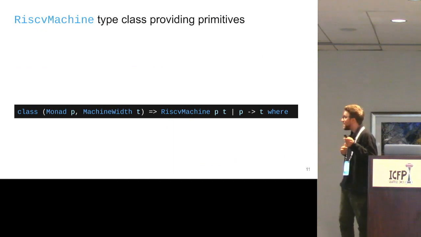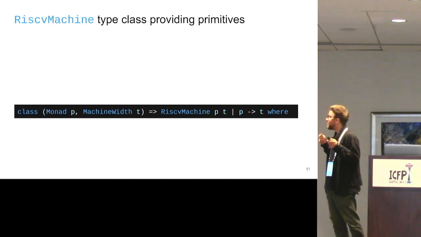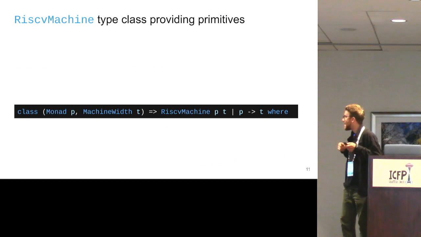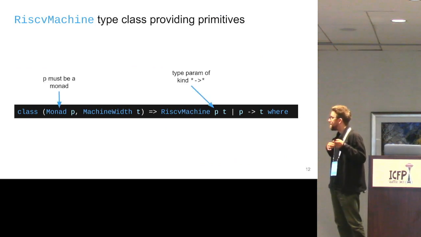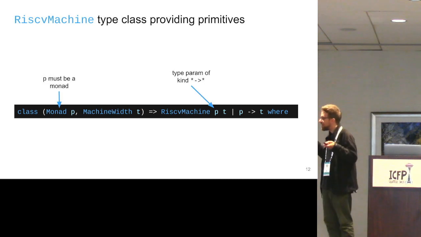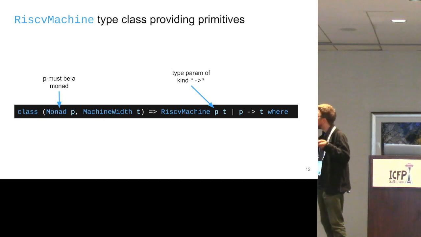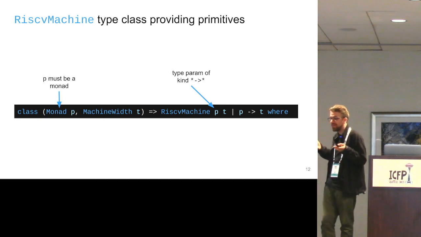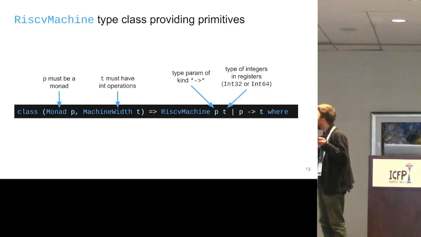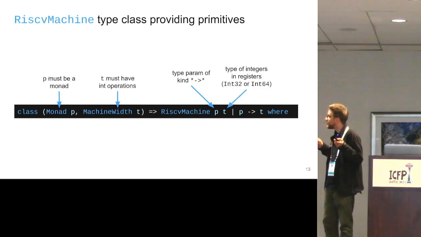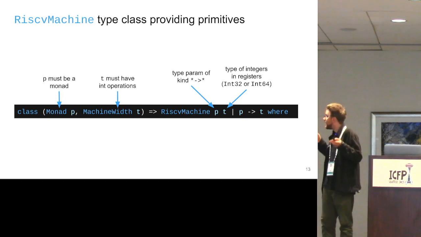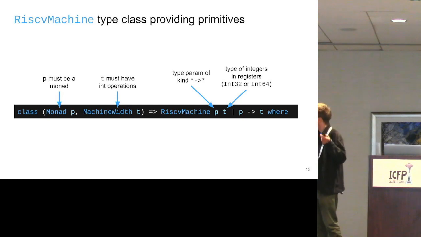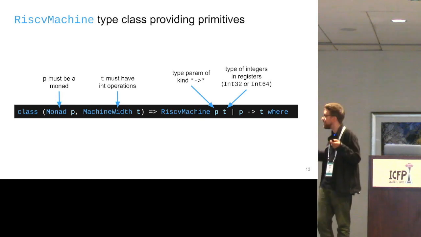A little more detail about this central RiscvMachine type class. It takes two parameters. The first one is p, which must be a monad, and it can be a different one for each instance, as in for each use case. And then it takes t, which is the type for integers that appear in a register, and it will be instantiated with Int32 or Int64, depending on the bit width of the machine.